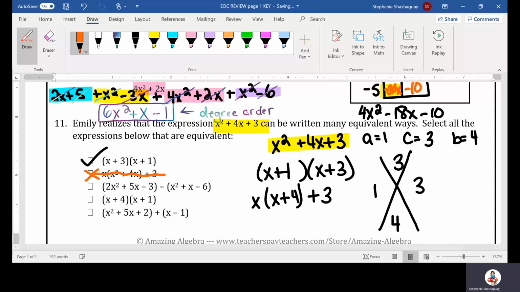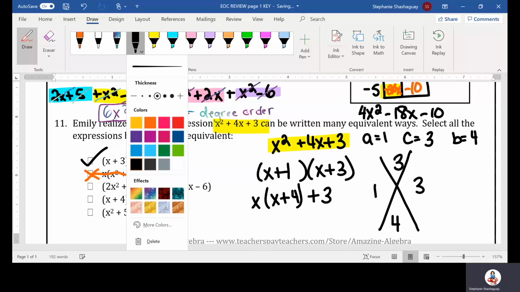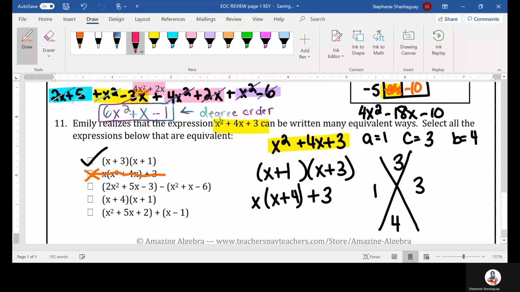All right. Looking at our third option. Well, let's see if we subtract those two terms, what we would get. Well, if we had 2x squared minus x squared, and I'm going to use a different color here, I have 2x squared minus x squared, so I'm going to end up with x squared.